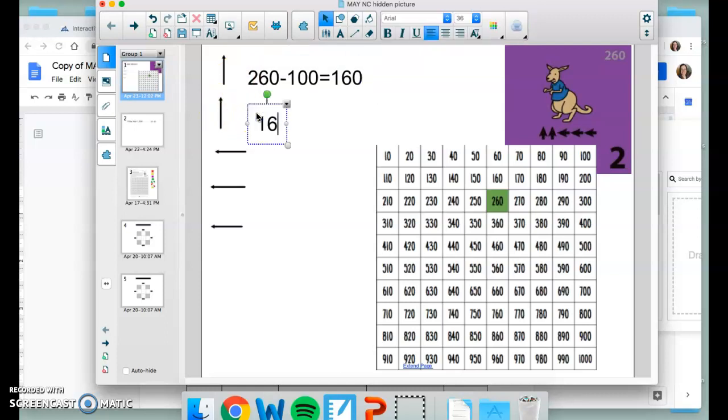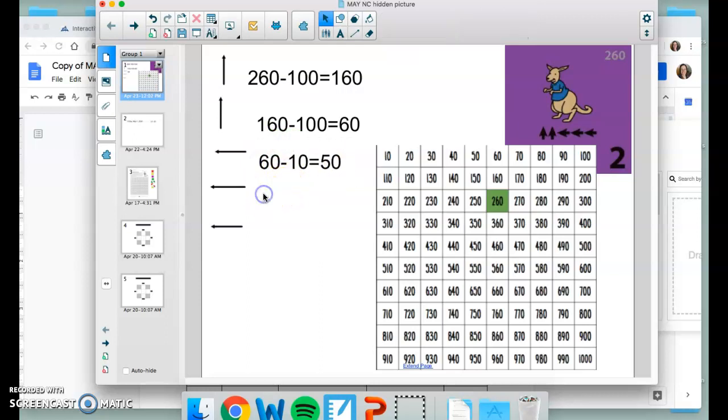Then from 160, he had to go up another row or back 100, and he landed at 60. From 60, we had to do an arrow left, which meant he was going to go back 10, and we landed at 50. And then from 50, we had to do another backwards or to the left of 10, and that put us at 40.